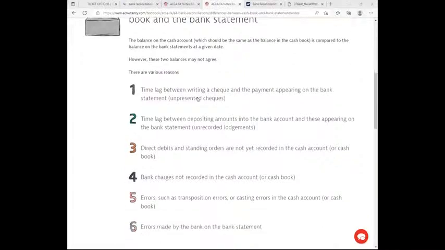We have the concept of time lag between writing a check and the payment appearing on the bank statement, what we call unpresented checks. These are secrets that I'm divulging here.